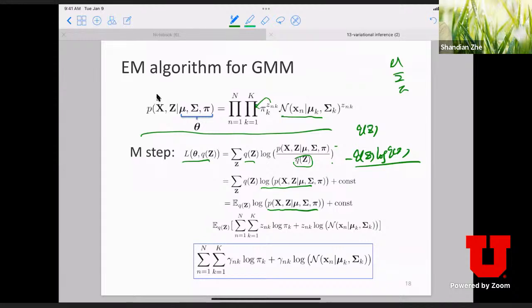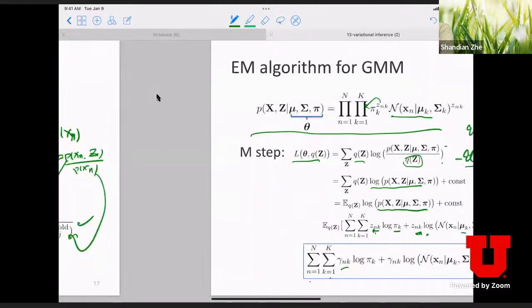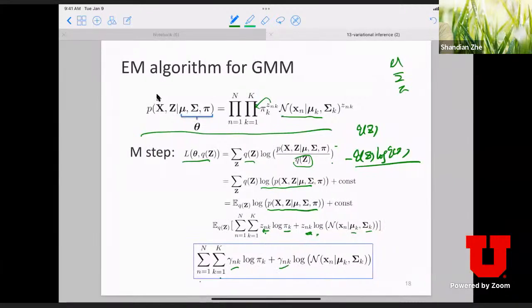So now you take expectation under Q of Z. Remember, pi k, mu k, and sigma k are not random variables. They're just points. The only random variables here are just znk. You take expectation, you just move the expectation here. So you got your model evidence lower bound as just the summation over n and over k, and now the expectation of znk is just the posterior probability that znk is 1, which is gamma nk defined here. And similarly, gamma nk here.